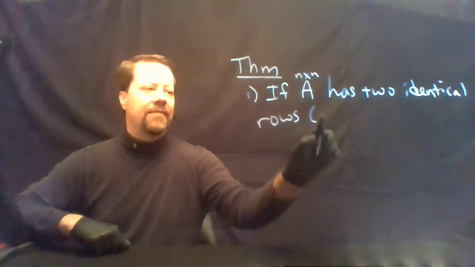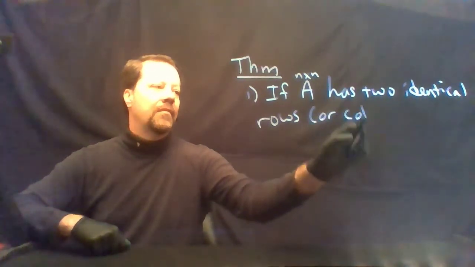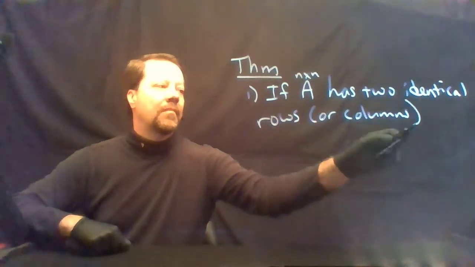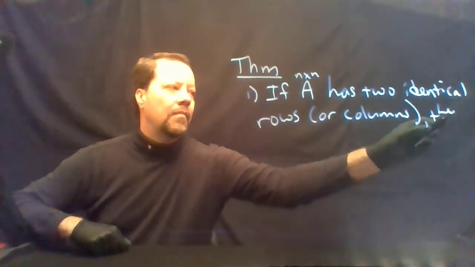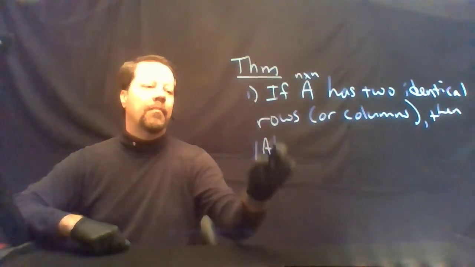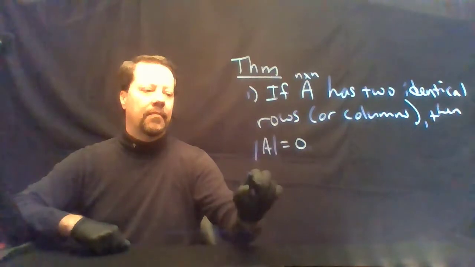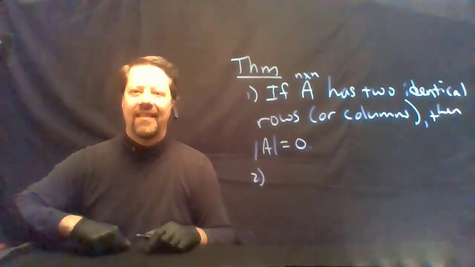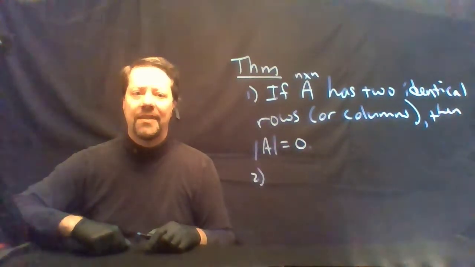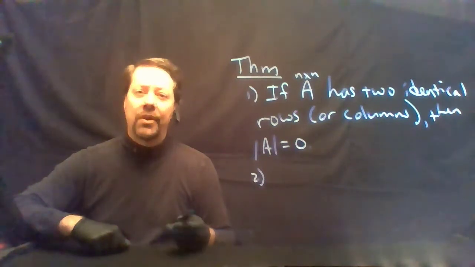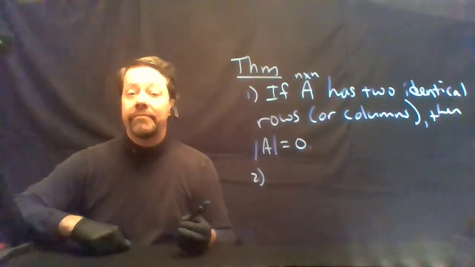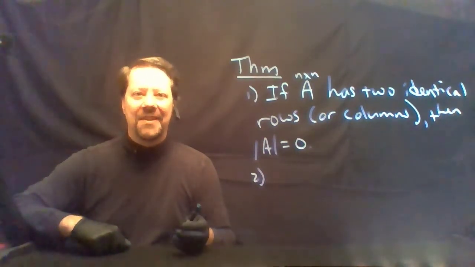Or columns. If one row consists entirely of zeros, then you can do cofactor expansion around that row and clearly get 0 for the determinant.